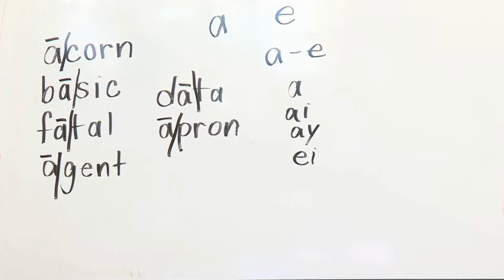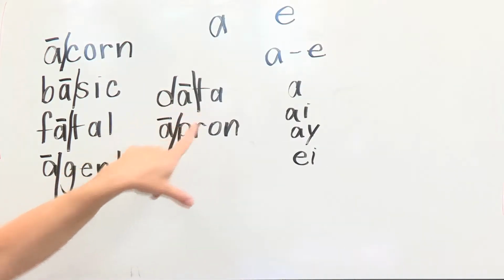If you look at the end of each syllable, it ends with the letter A. Those are what we call open syllables, meaning the syllable ends with a vowel, and it's mostly going to be a long vowel sound. So acorn, it ends with that vowel, so it's going to be long A. Basic, it ends with that vowel, so typically it's always long. Basic, fatal, it ends with that vowel.